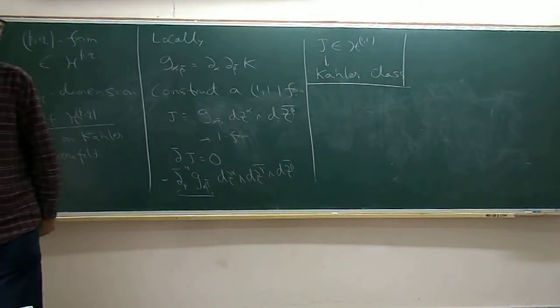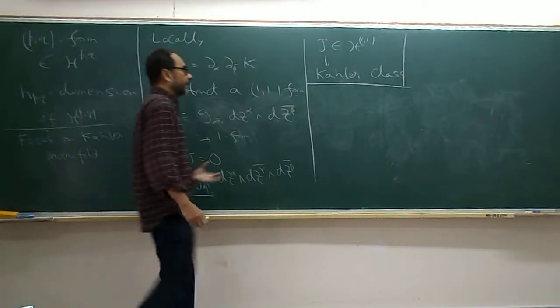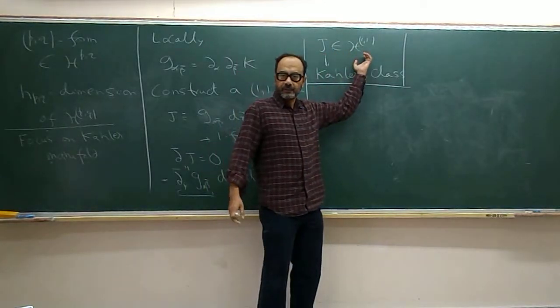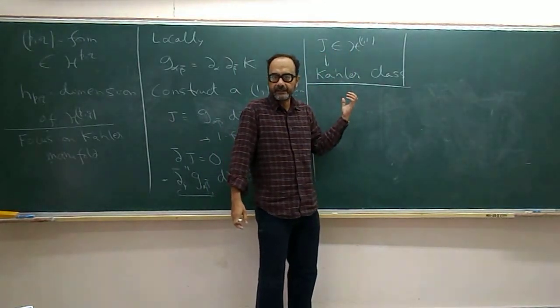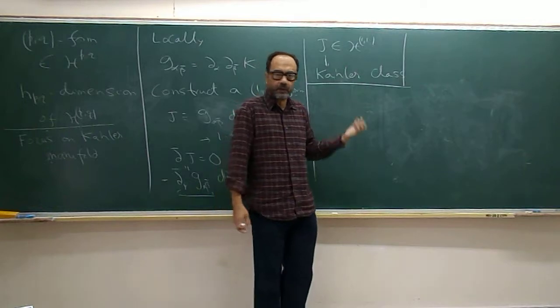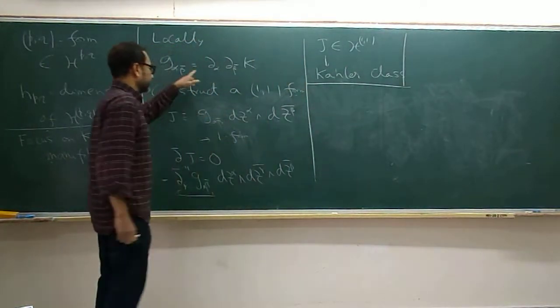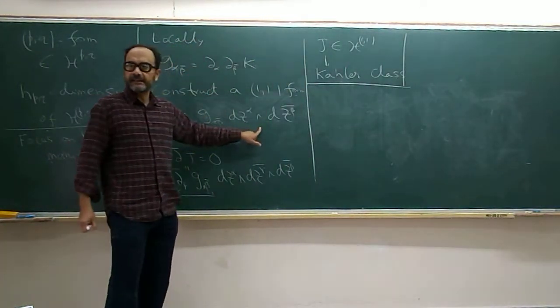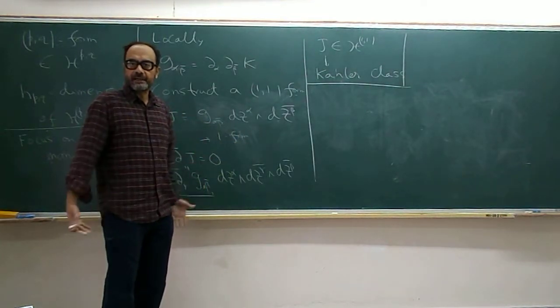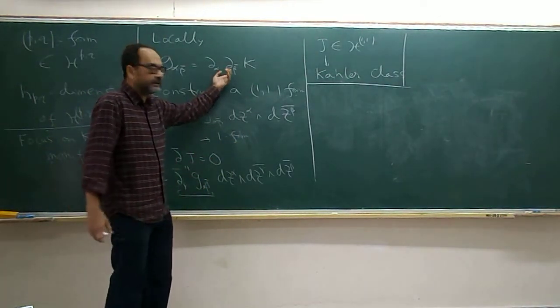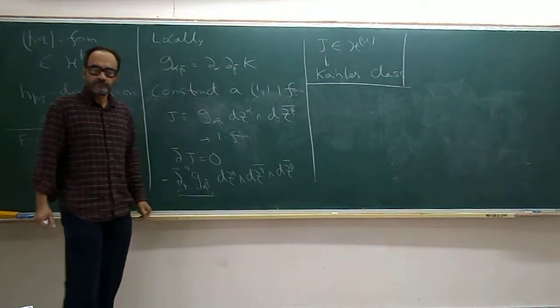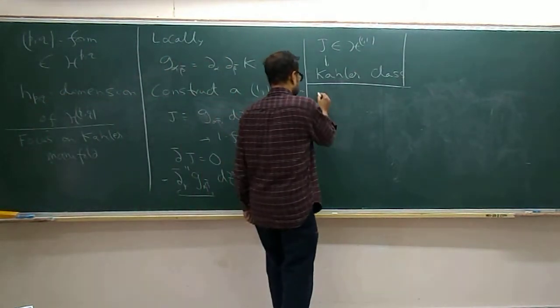And what one can show is that given any element of H^{1,1}, we can use it to define a Kähler metric, because an element of H^{1,1} locally has this structure, and then you can use that to construct a Kähler metric.